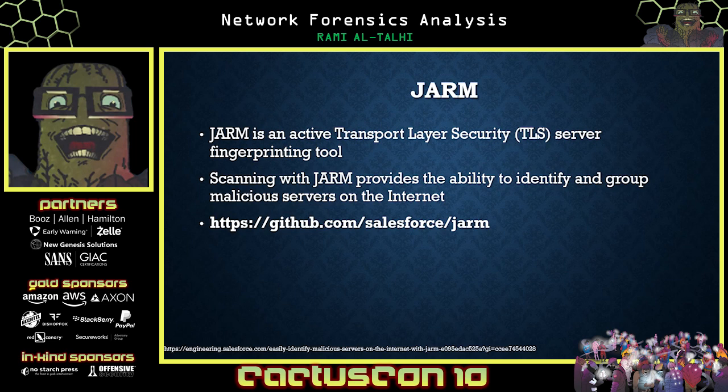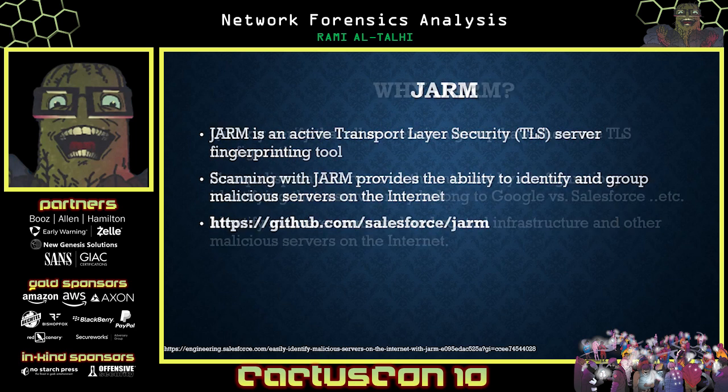You might have a couple of servers. Let's say you have a load balancer and a couple of servers behind that load balancer. If you go, for example, to Salesforce or Google, they have a lot of servers to serve the clients. But using JARM, you can have a unified fingerprint that indicates this fingerprint is related to a specific company or a specific provider, as we will see in the next slides.